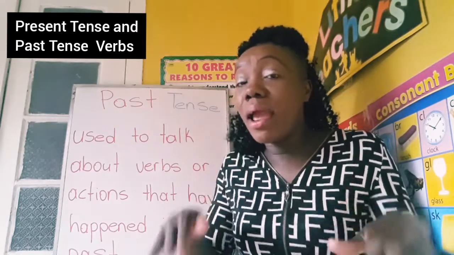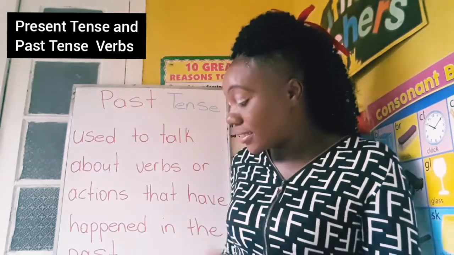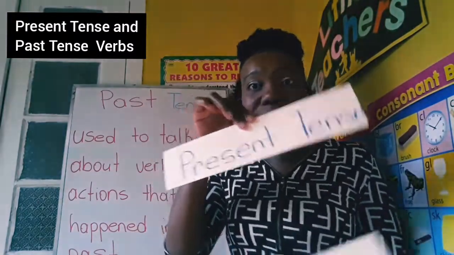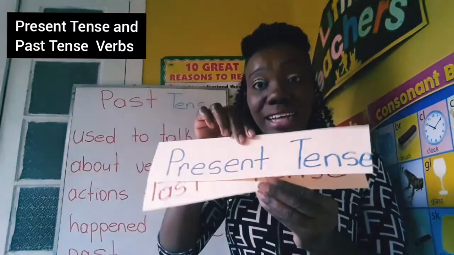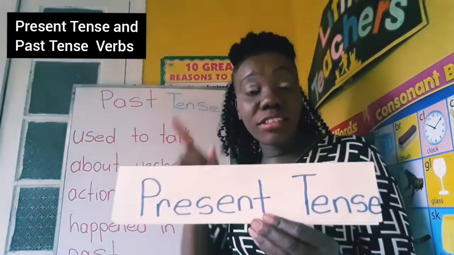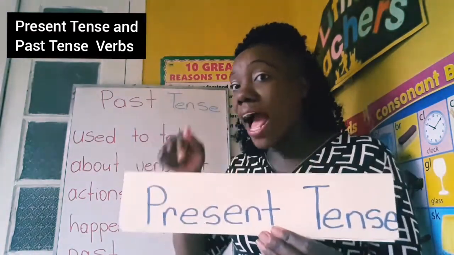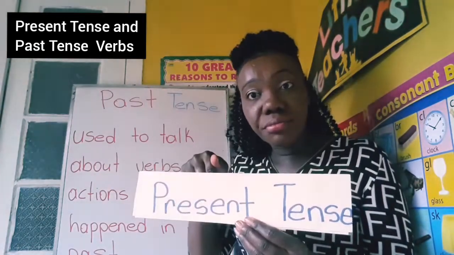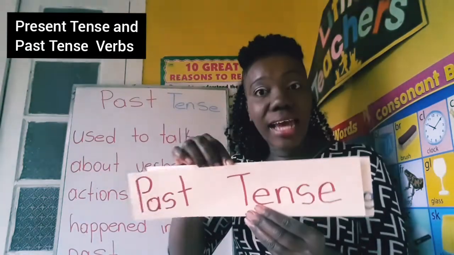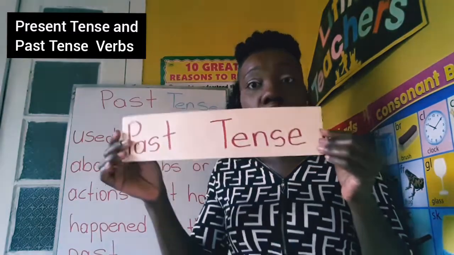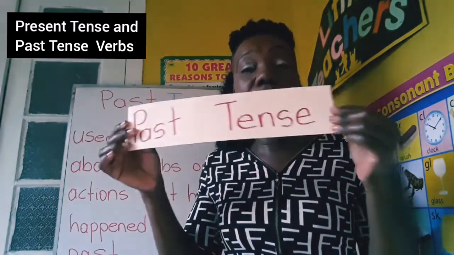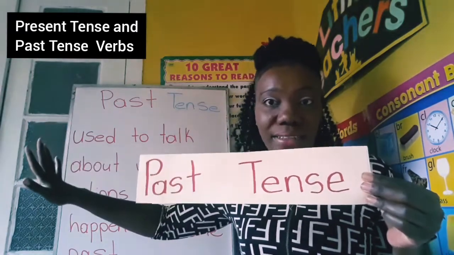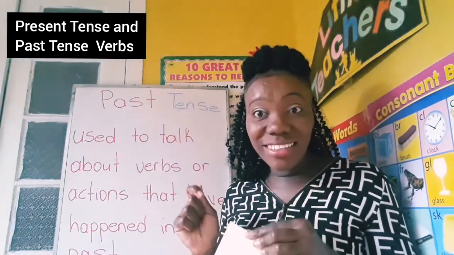So we're doing present tense, past tense. Present tense refers to verbs that are actions that are happening now, right? And past tense refers to verbs or actions that have happened a long time ago in the past. Ready, boys and girls?